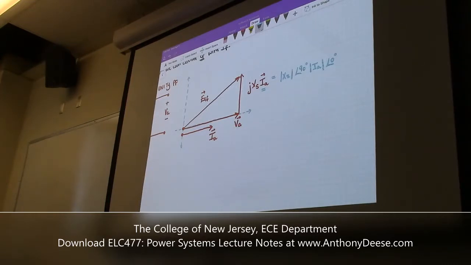So this right here, the red, depicts unity power factor. Now, to add to this, if our arrow were to point off in this direction, leaning to the right, this is going to be the case of overexcitation.